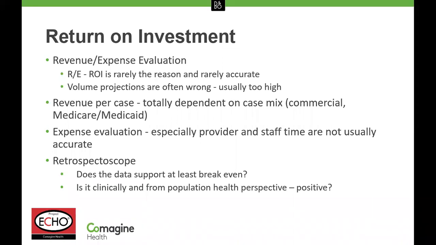Sometimes you're too high based on what a vendor says is going to happen. Revenue per case, don't forget case mix is huge. And we have found that out in some of the things that we've done here. What we think is going to be either very unsuccessful or remarkably successful turns out to perhaps be completely different based on that case mix.